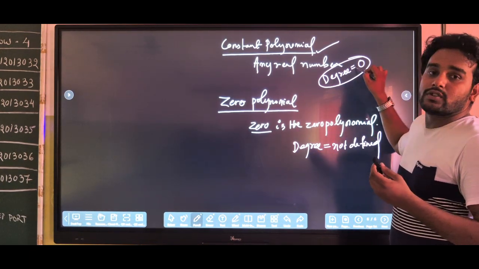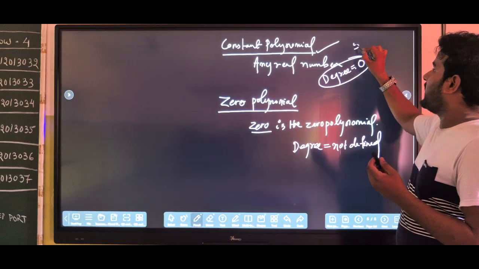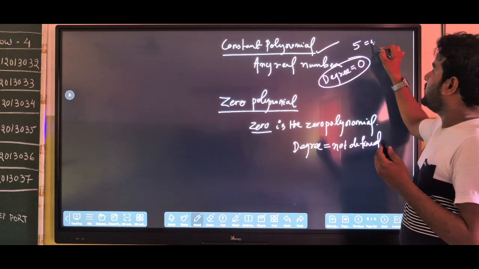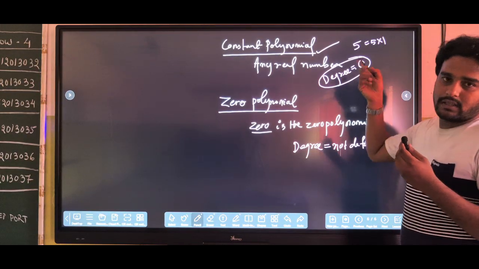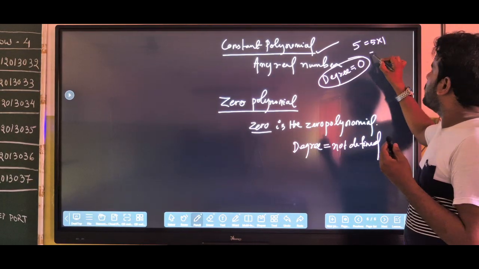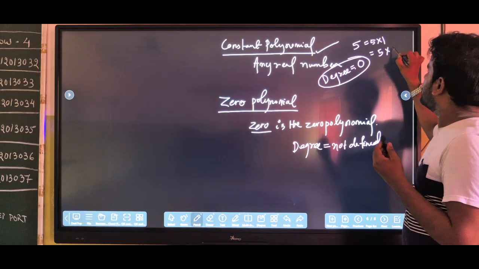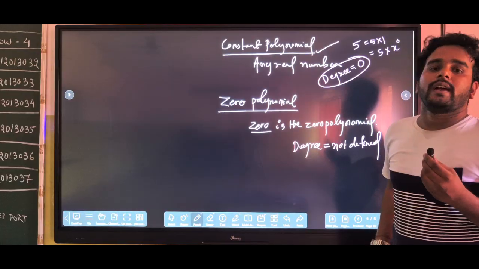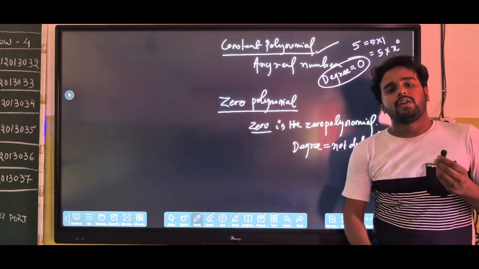So why is the constant polynomial degree 0? Suppose I am writing 5. 5 is a constant polynomial. So can I write it as 5 into 1? Same thing, it is not getting changed. So 1 is the power form of x to the power 0 or y to the power 0 or z to the power 0 or m to the power 0.